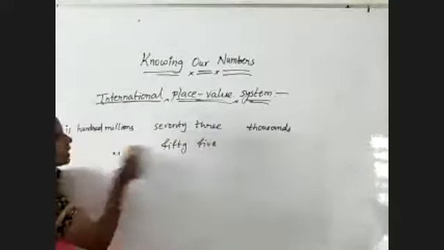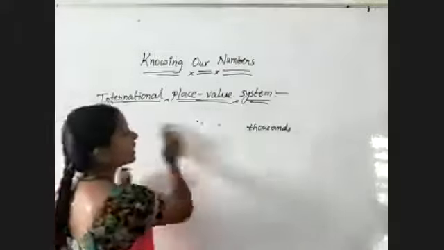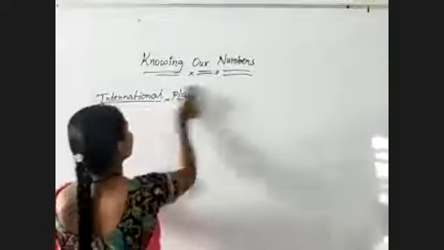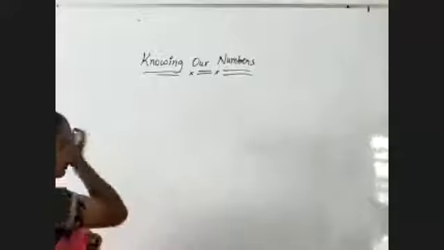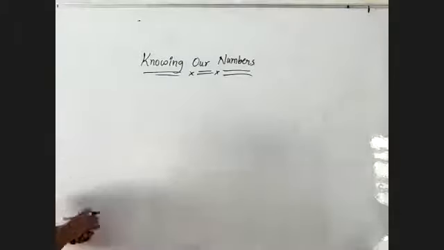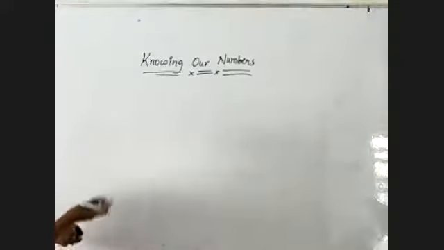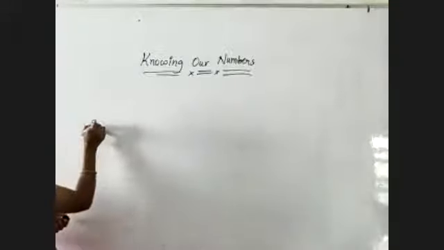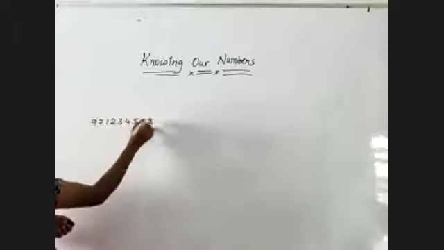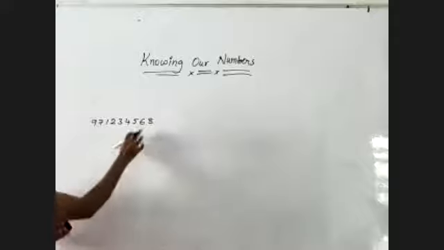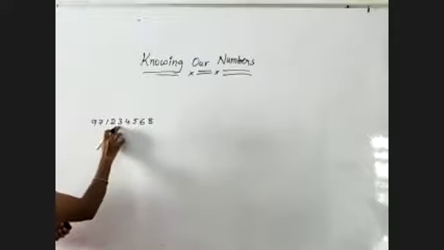And coming to the relationship between the Indian system and the international place value system. See, I have a number. For suppose, take your father's number or mother's number. Now I am taking any number: 9, 7, 1, 2, 3, 4, 5, 6, 8.